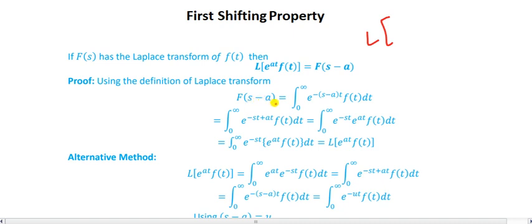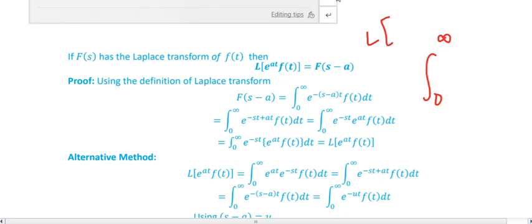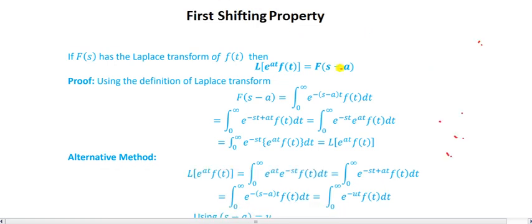The transform f of s minus a, by applying the formula, will be equal to 0 to infinity e to the power minus st, where in this case s means s minus a, and f of t dt.